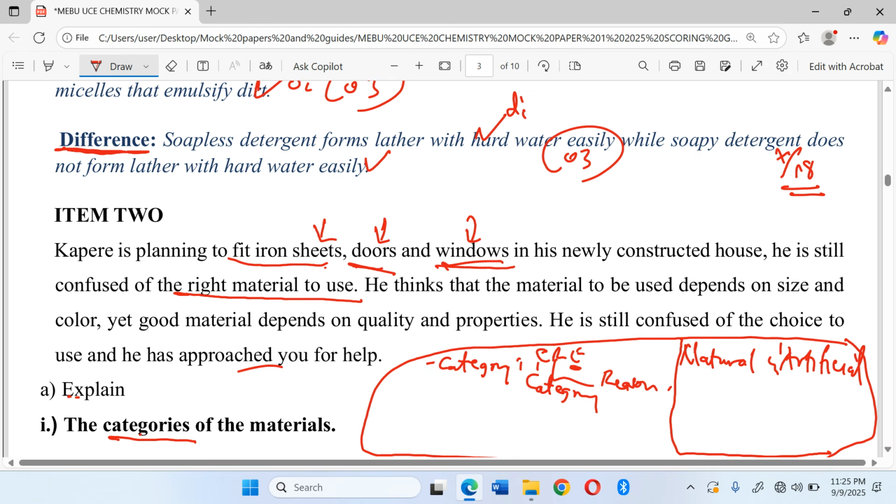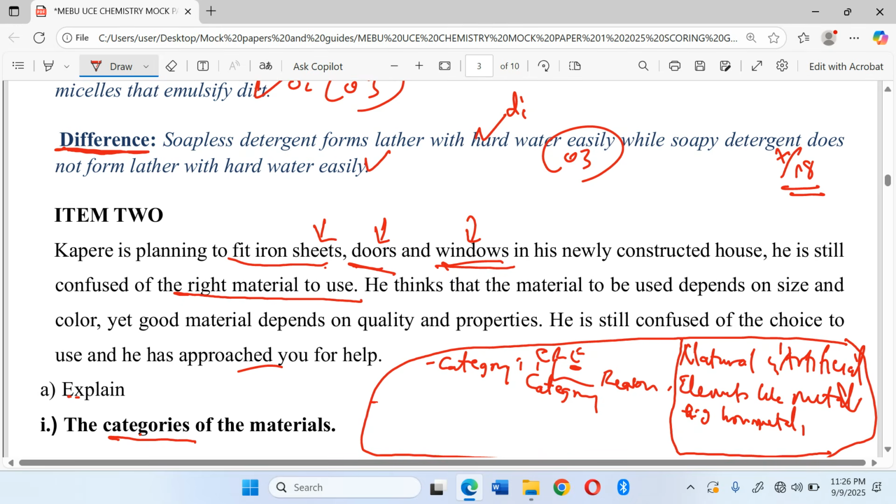We have those who will see that, oh, we need some of the elements like the metals, and clarify which metal he or she wants, and say iron, metal. So we are saying that we can categorize these materials so long as we give facts.